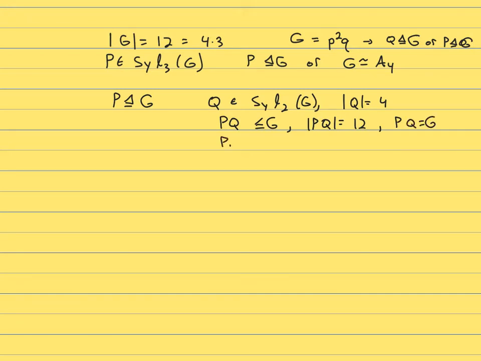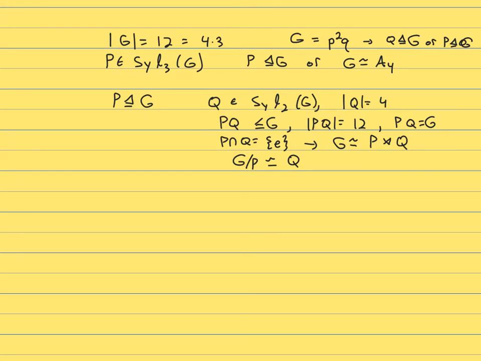And likewise, P intersect Q is the trivial group. And so we see, in fact, G has to be isomorphic to the semi-direct product of P with Q. And in particular, G mod P is Q. So any group in this case must be a semi-direct product.